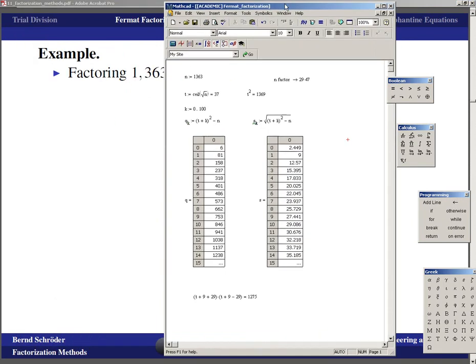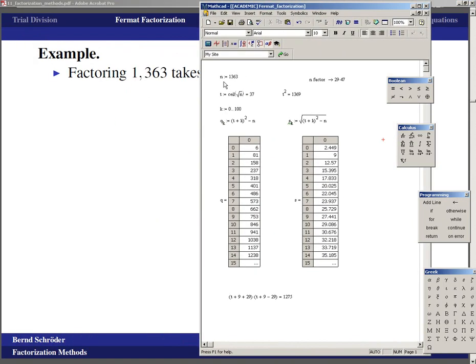Well, I've implemented it in MathCAD, and so if I take 1363, and if I then take t to be the first integer that is above the square root of n, well, then I can compute t squared, and I can compute the numbers q_k being (t+k) squared minus n, and I can compute the square roots, and whenever the square root is an integer, I know I've found a perfect square here. And if we're starting with 1363, in the first step I end up with a perfect square.